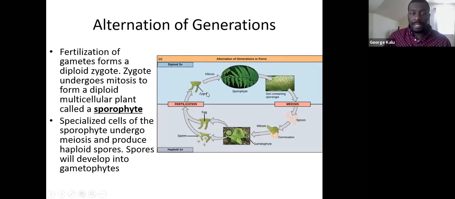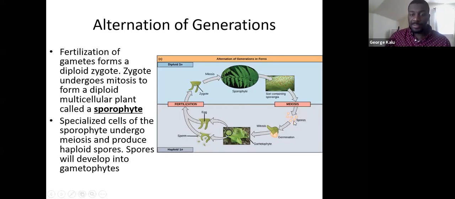From there, the zygote undergoes mitosis, and you end up forming multicellular diploid plants called the sporophyte. The sporophyte will then start to undergo meiosis. It has certain structures on it that are going to undergo meiosis, and when you undergo meiosis, you form these haploid spores.